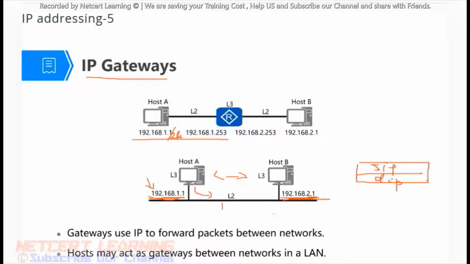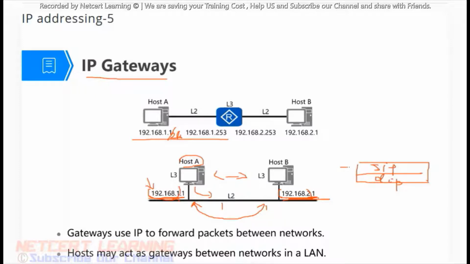And if these 2 computers not exist in one network, here, this example, these 2 computers just not in one network, then how do they construct the packet?